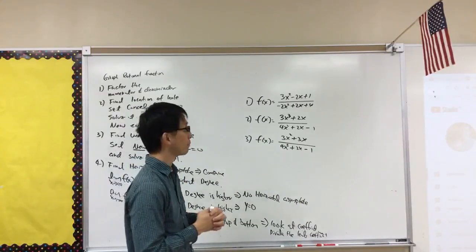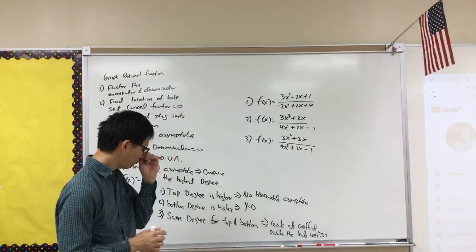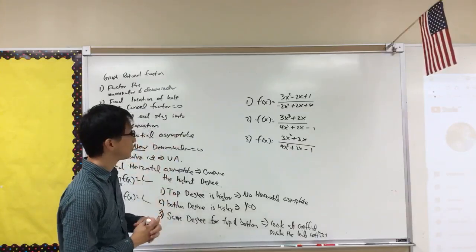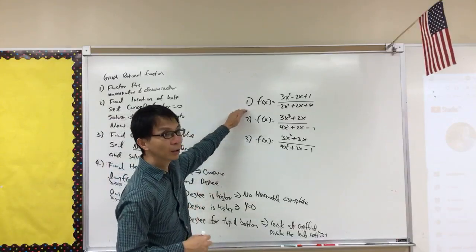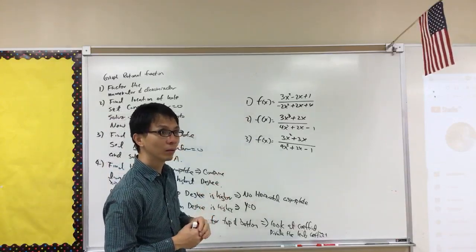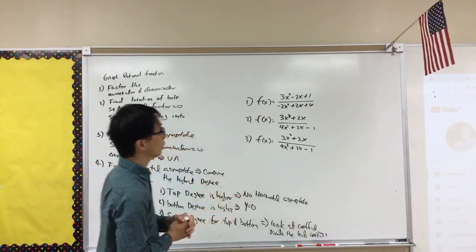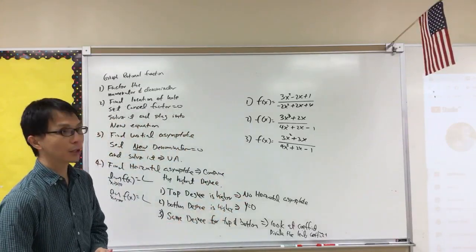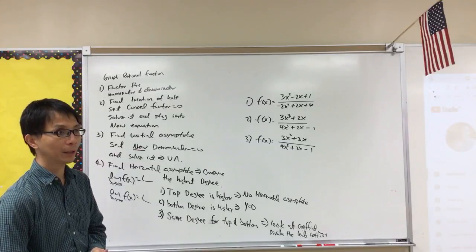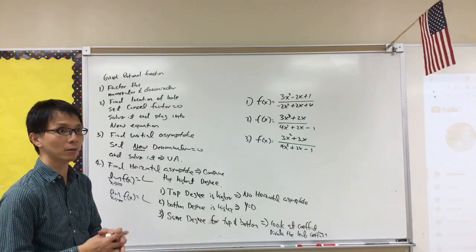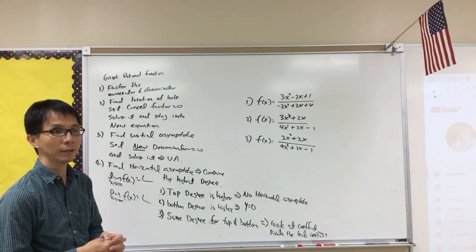Yeah, vertical asymptote. Same degree means when both of them have the same degree, right? Yes, we're going to talk about when they're the same. Degree means the exponents.